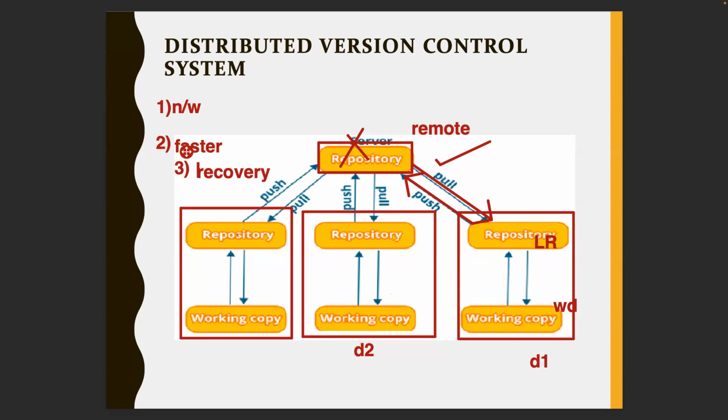These are the advantages of distributed version control systems. And distributed version control systems, particularly Git, fall under this architecture. Git is a tool which uses distributed architecture, and Git is very widely used, particularly in modern DevOps projects.